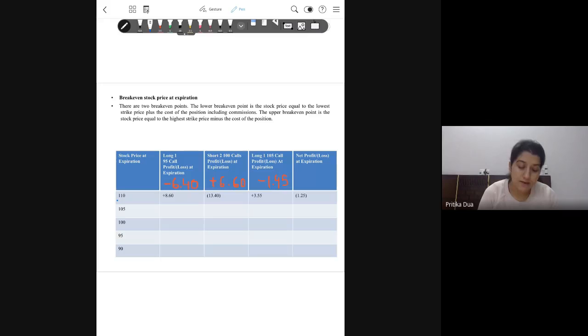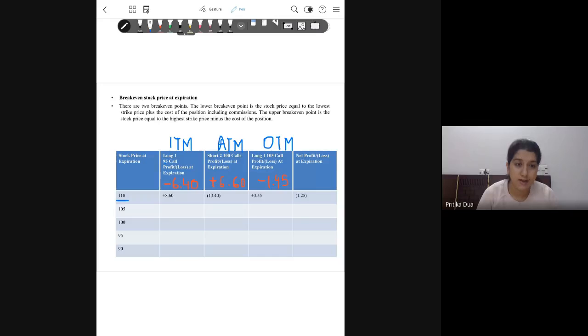ये आपकी ये वाली कॉल इन द मनी थी, ये एट द मनी वाली थी जो आपने परचेज करा था, और जब आपने परचेज करा था दिस कॉल वाज आउट ऑफ द मनी. So 95 wali call means you can now purchase this 110 share at rupees 95.